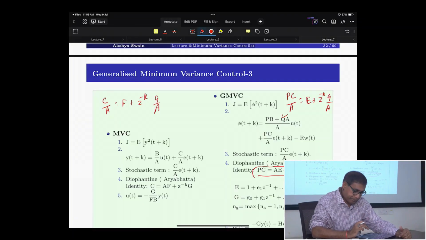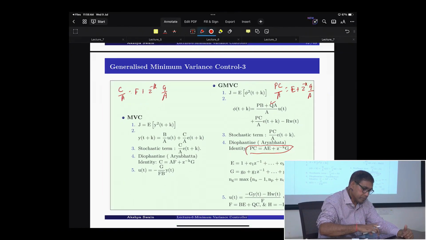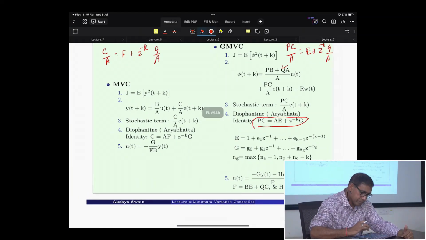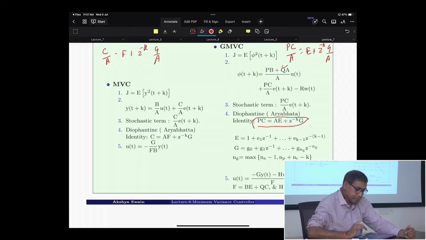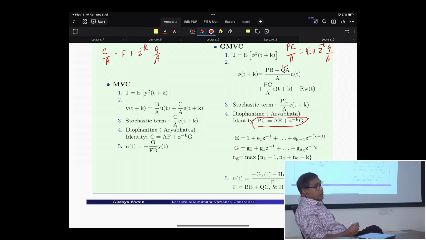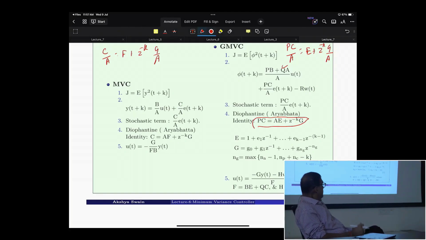GMV will be applicable because you have the freedom in selecting so many parameters, P, Q, R. So you can adjust them.